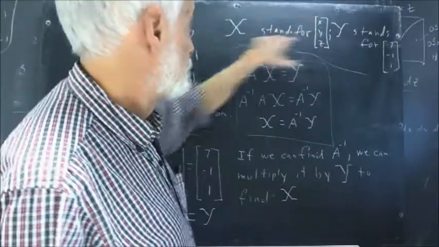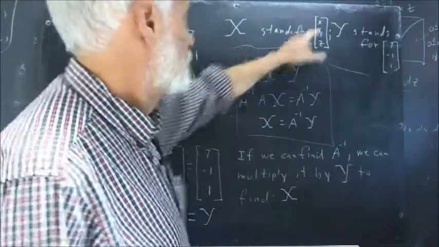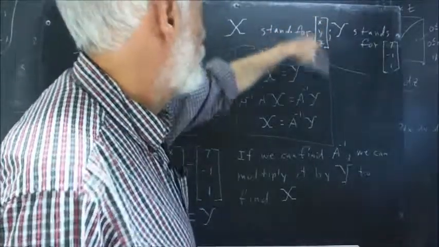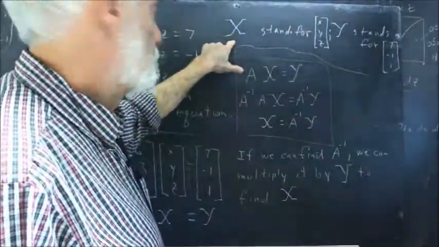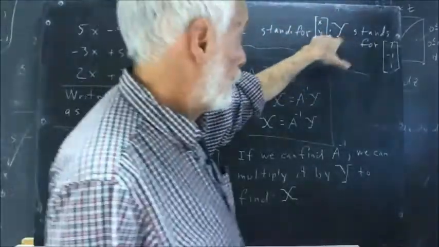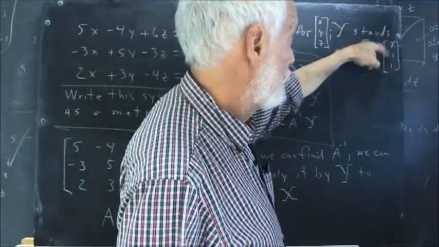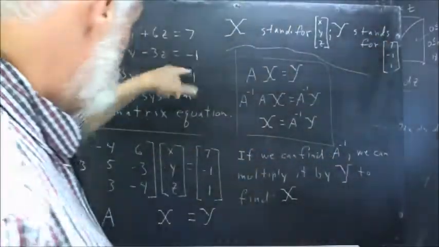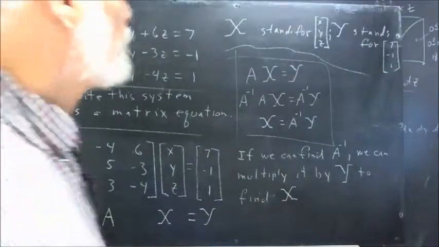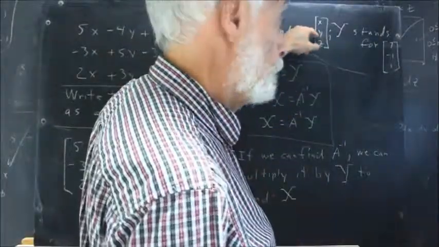And this column matrix is big X. So little x is one number in the column that comprises big X. And big Y stands for 7, negative 1, 1, your coefficients here and here. And it has nothing to do with the little y over here.